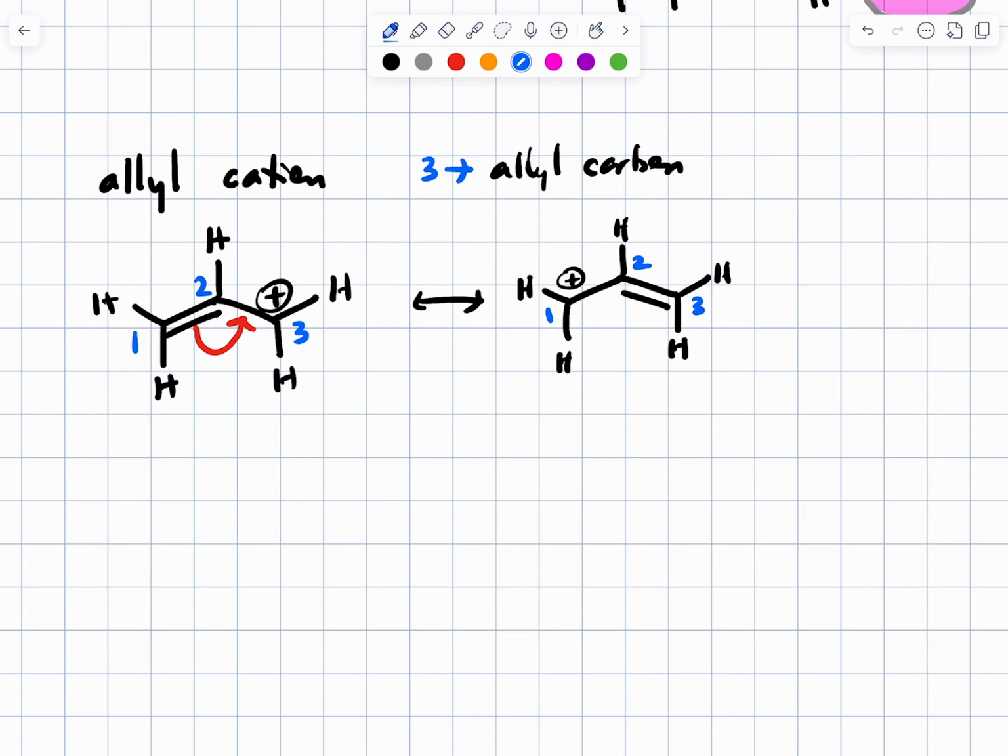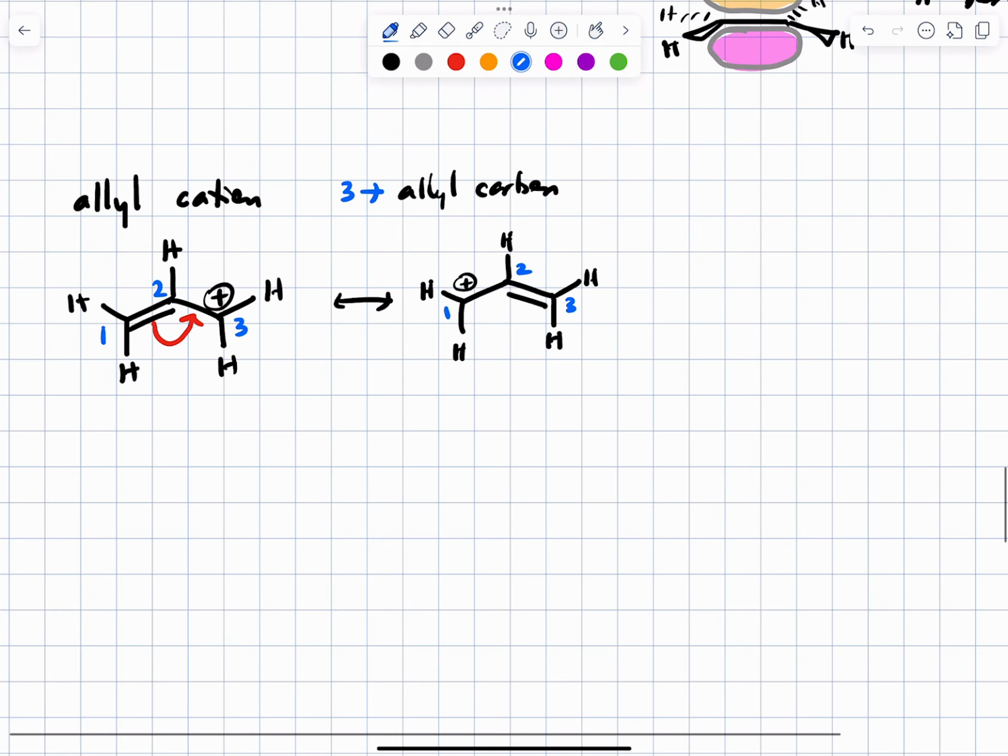It's tempting to look at those two resonance structures and believe that the pi electrons are hopping back and forth between carbons 1 and 2, and then between 2 and 3. They are not. That is false. Okay? Instead, they are delocalized simultaneously over both places.